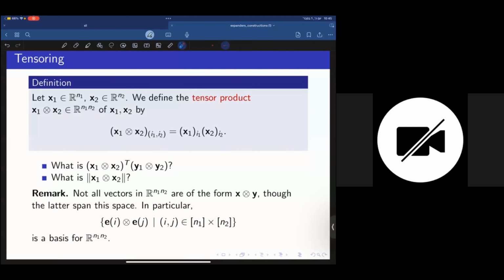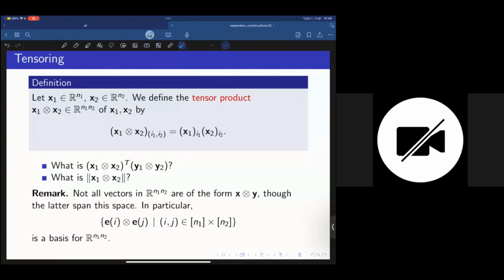Okay, so in particular, let's remind ourselves that ei is the standard i-th basis vector. So ei tensor ej, which is also an e something, has a 1 exactly in one place. Because you have n1 entries here, all of them are 0 except for 1. So you think of this as opening each of them to a cloud, you get many worlds, which take 0 times ej, so it's a 0 world.